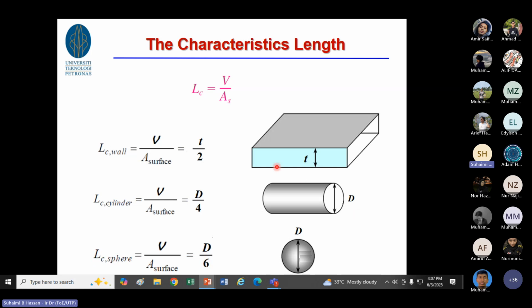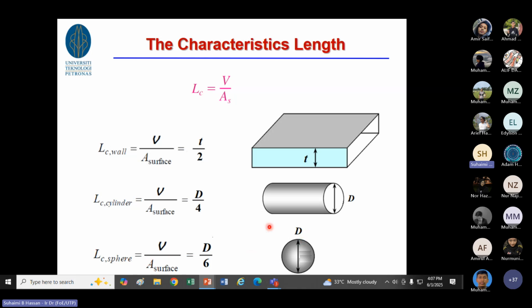Any question related to the lump system analysis? Only three objects: for rectangular, Lc is T over 2; for cylinder, Lc is D over 4; and for sphere, Lc is D over 6.